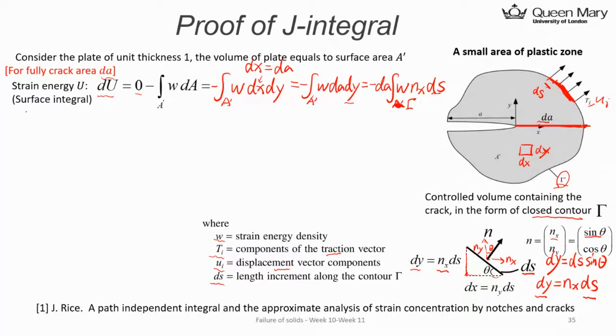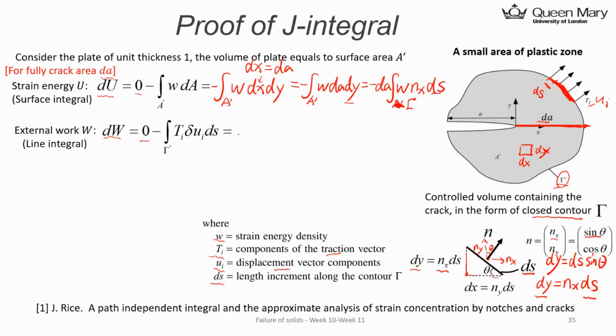And now we move to what is called the external work, the change of external work dW, which again is, after the fracture, there's no external work, 0. Okay, minus the original external work, you apply this force or surface traction, and it's T here.